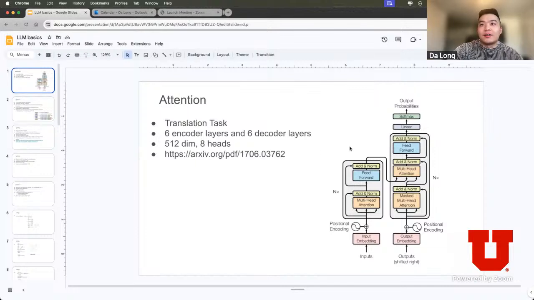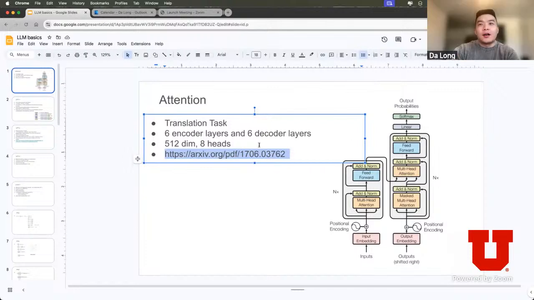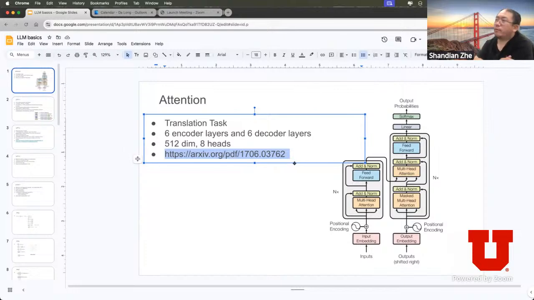Everything begins with the first paper, Attention. You want to click the slideshow button on the top right.